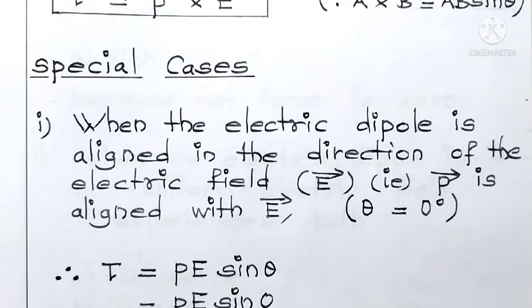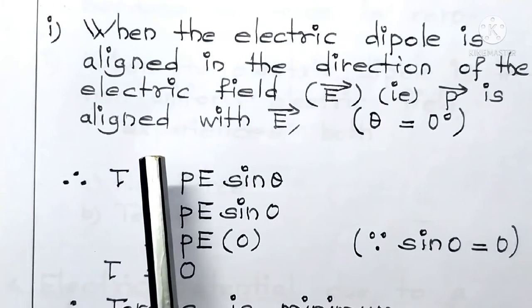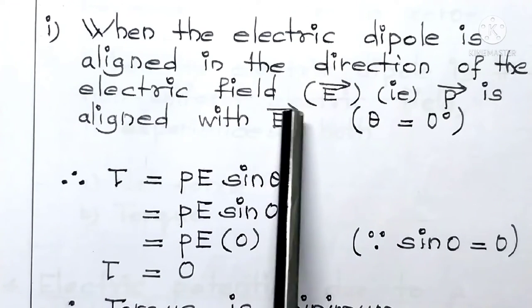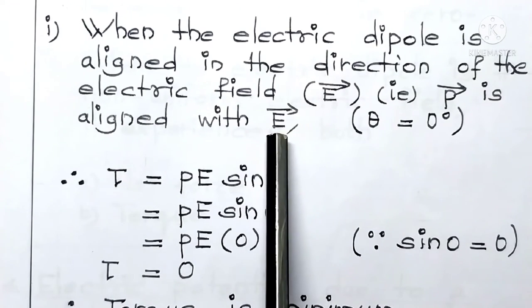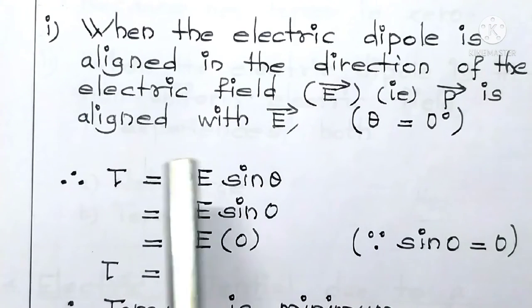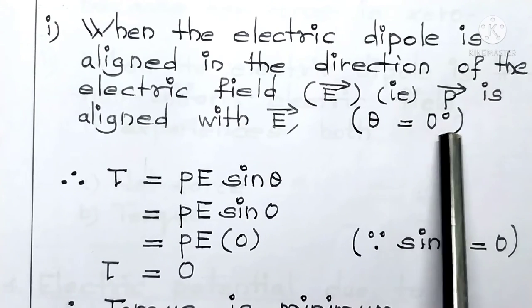Now, special cases. Number one, when the electric dipole is aligned in the direction of the electric field, that is E vector. In other words, p vector is aligned with E vector. So here the angle becomes 0 degree.